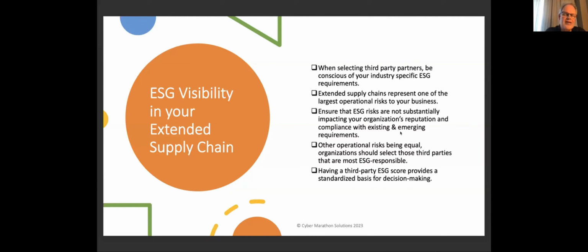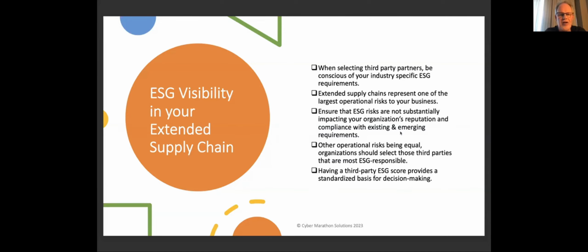Now, when you're selecting third parties, when you issue an RFP and you're looking at who you might hire there, if all other factors, risk factors, are equal, you're always better off, and particularly in the environment we're in today, in selecting companies that have responsible ESG programs.